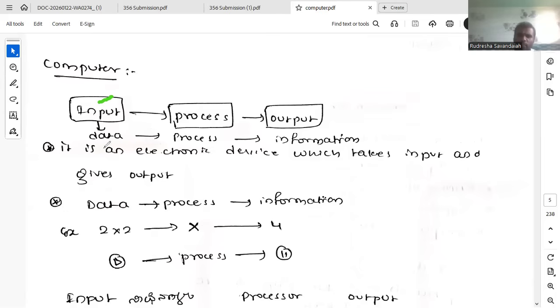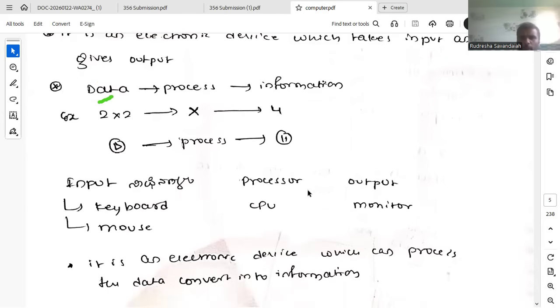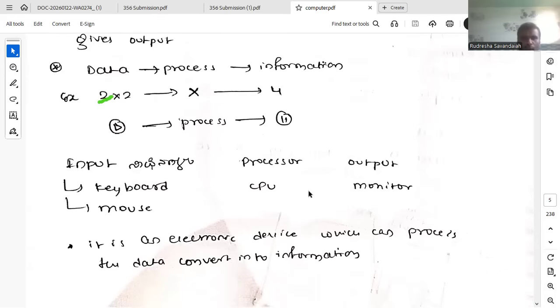Data, process, and information. 2 into 2 equals 4. See, input, processor and output. Input you have in keyboard and mouse, and the processor is CPU, central processing unit. Output is the monitor.